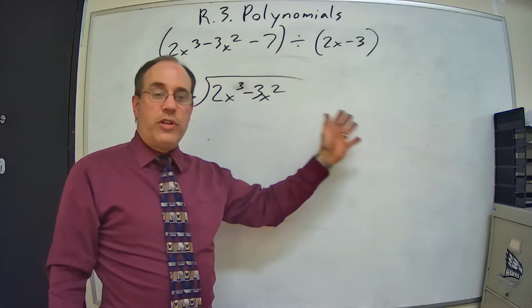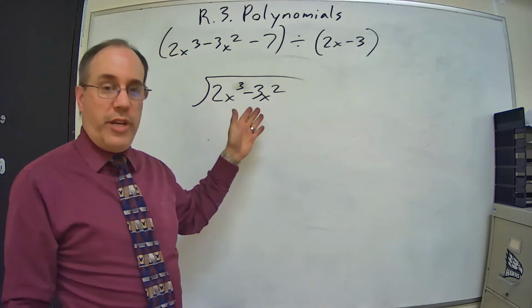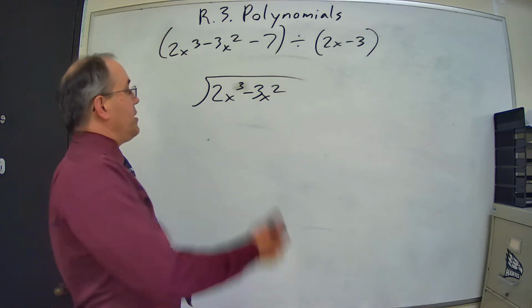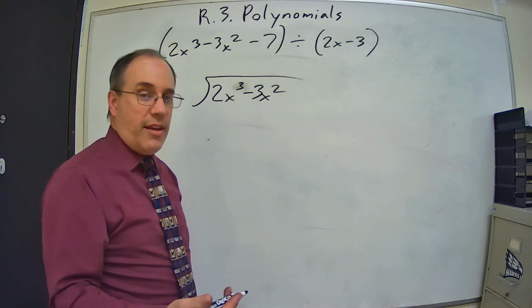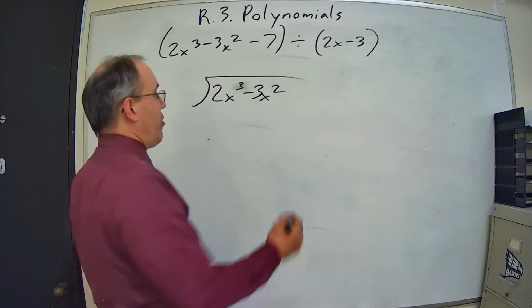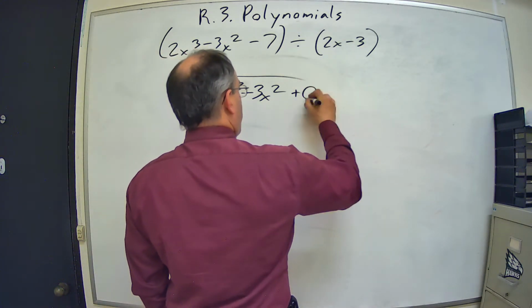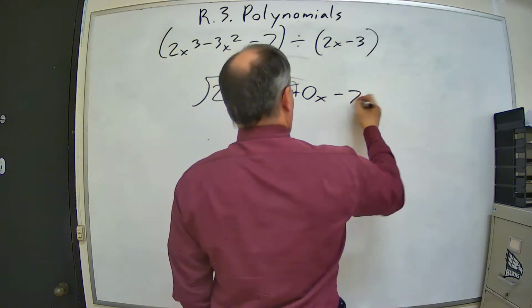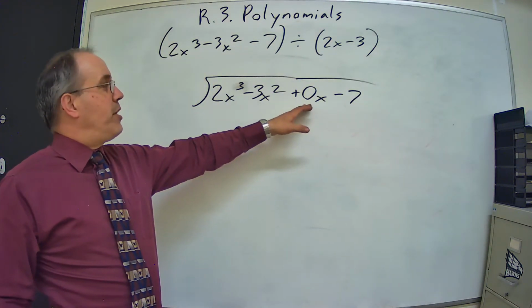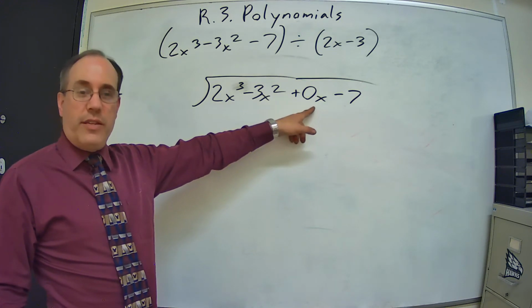So this needs to include all degrees going down to a degree of 0. So if you're missing a term, you're going to have to add it in. Well, if it doesn't exist, that means you don't have any of them, or you have 0 of them. So plus 0x minus 7. So this is why I chose to do that. I wanted to get rid of that. So we have to fill this 0.